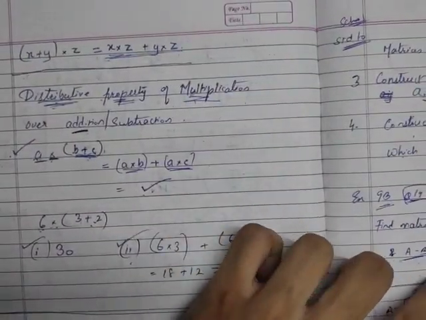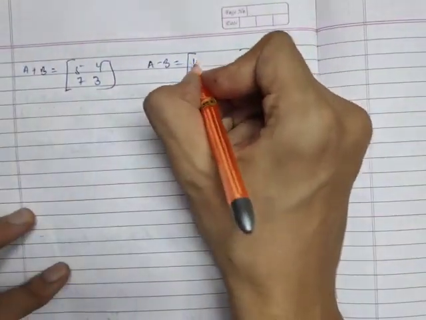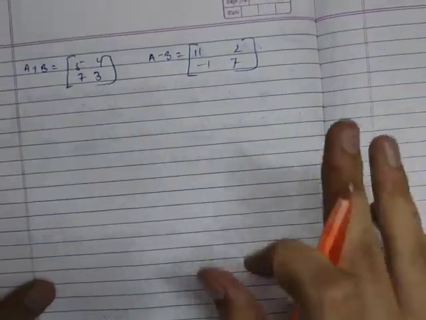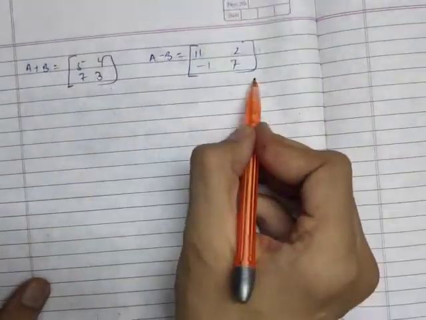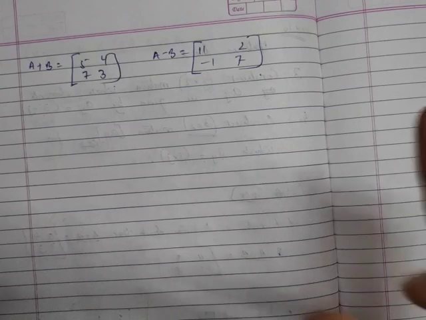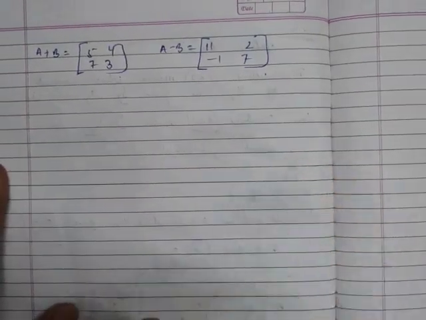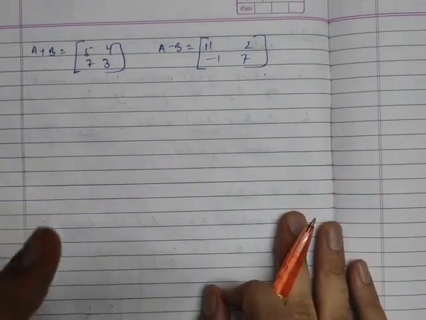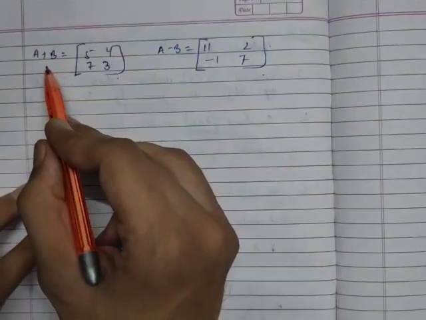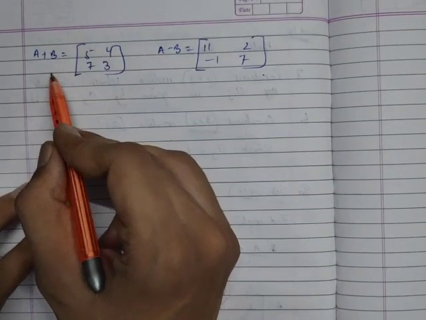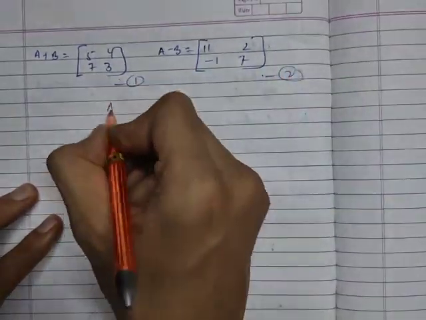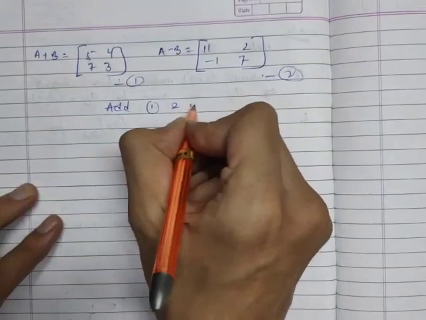It is 11, 2, minus 1, 7. And just one thing. I am not writing the order, but you need to. In every matrix that you write, even if the question doesn't ask, you got to write the order every time. Alright. Now, here is my first equation. Let me call it equation 1, equation 2.